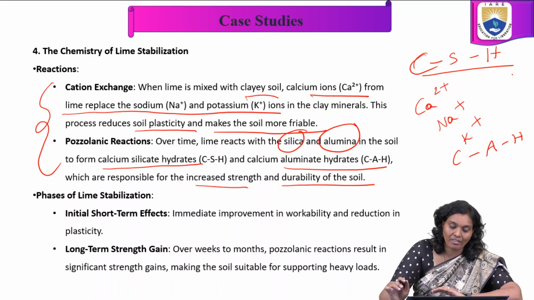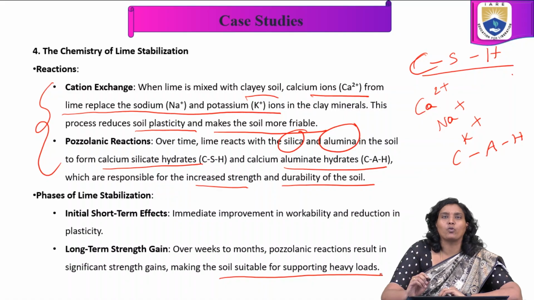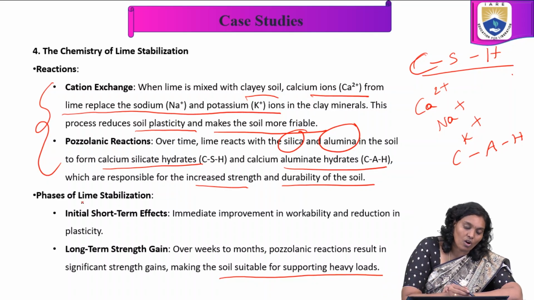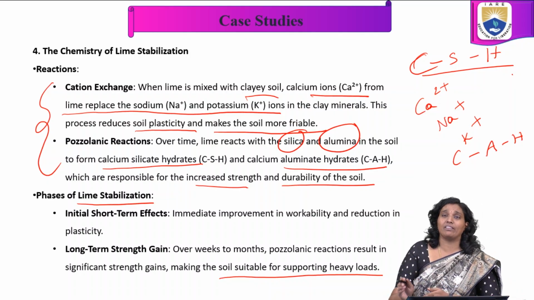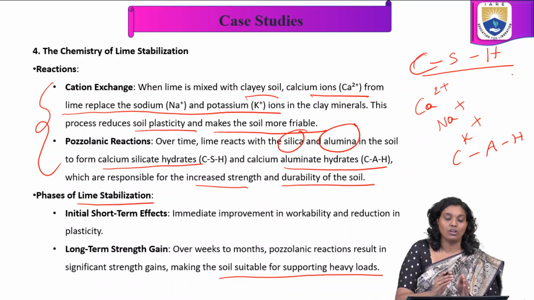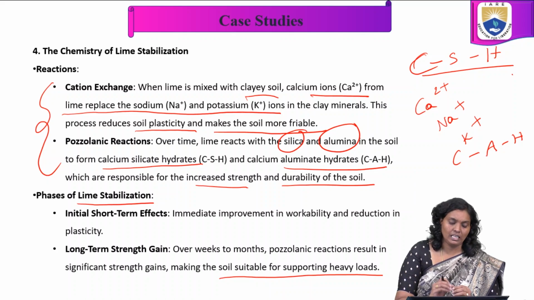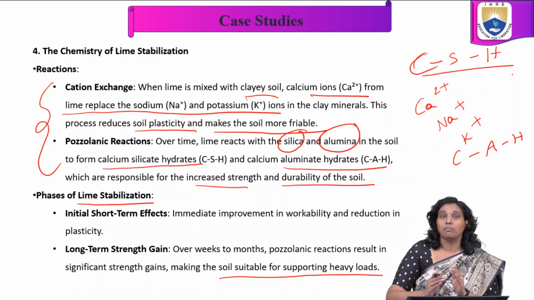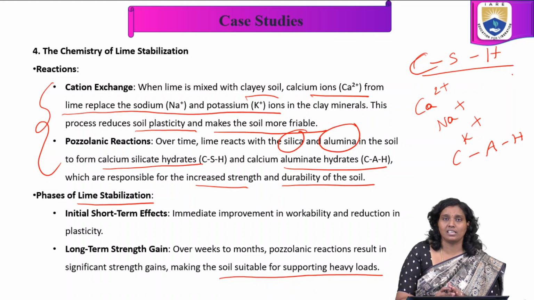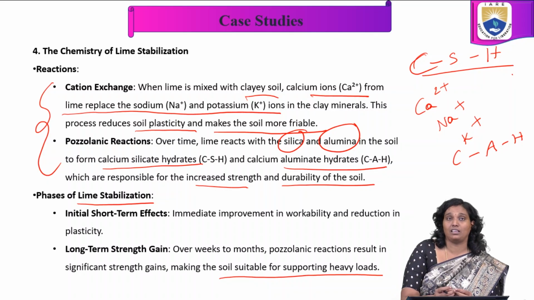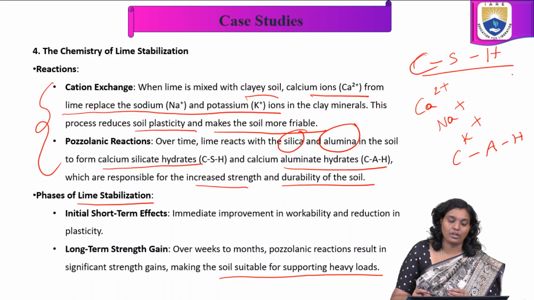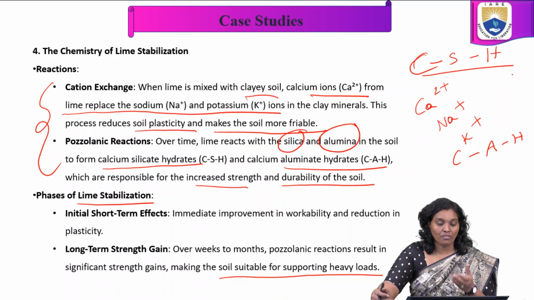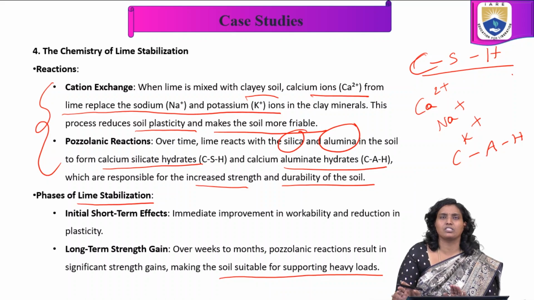In long-term strength gain, over weeks to months, pozzolanic reactions, because of CSH and CAH, result in significant shear strength gains, making the soil suitable for supporting heavy loads.